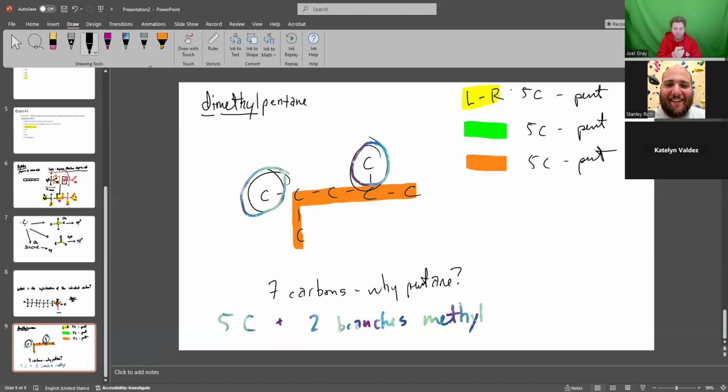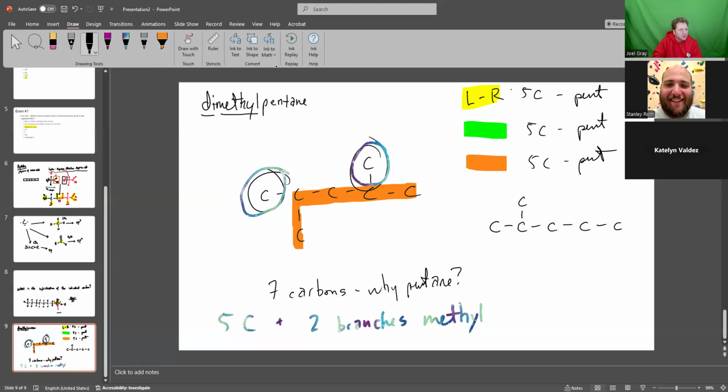Now, Caitlin, that is a fantastic question because now we've got to take it one more step, because I want to throw this molecule at you. C, C, C, C, C. There's my pentane.